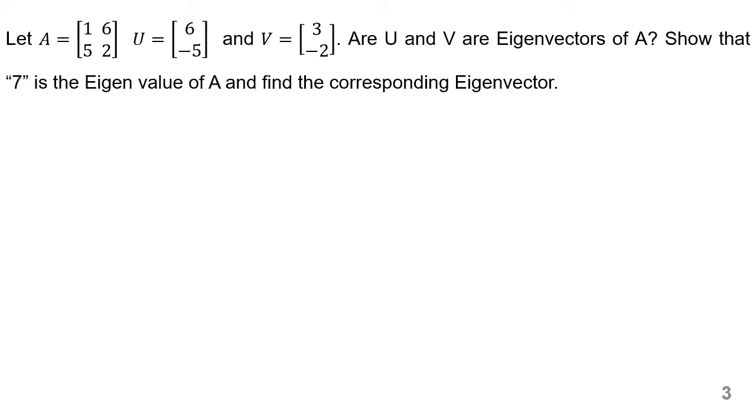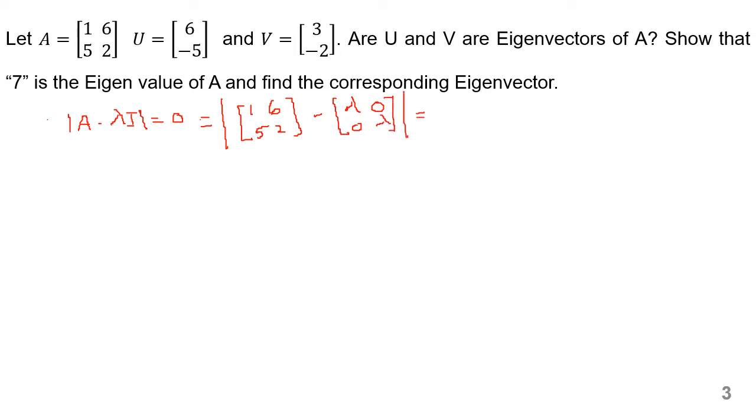So initially we need to find the characteristic polynomial, that is determinant of A minus lambda I is equal to 0. So I can write this as A, which is 1, 6, 5, 2, minus lambda, 0, 0, lambda.